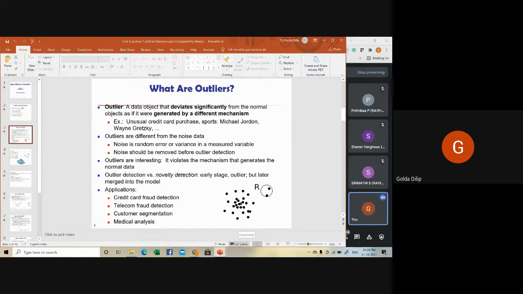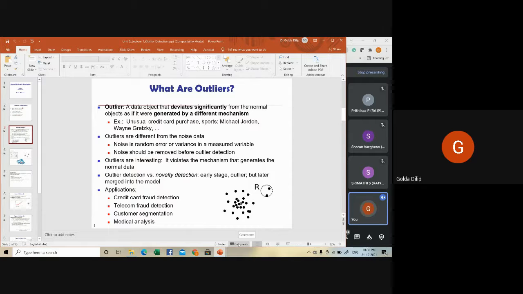In credit card fraud detection and other cases, the rare events, the rare transactions or the rare locations at which transactions happen, are more interesting than the regularly occurring ones. So outlier analysis or anomaly detection becomes very significant in such cases. That's the significance of outlier detection.